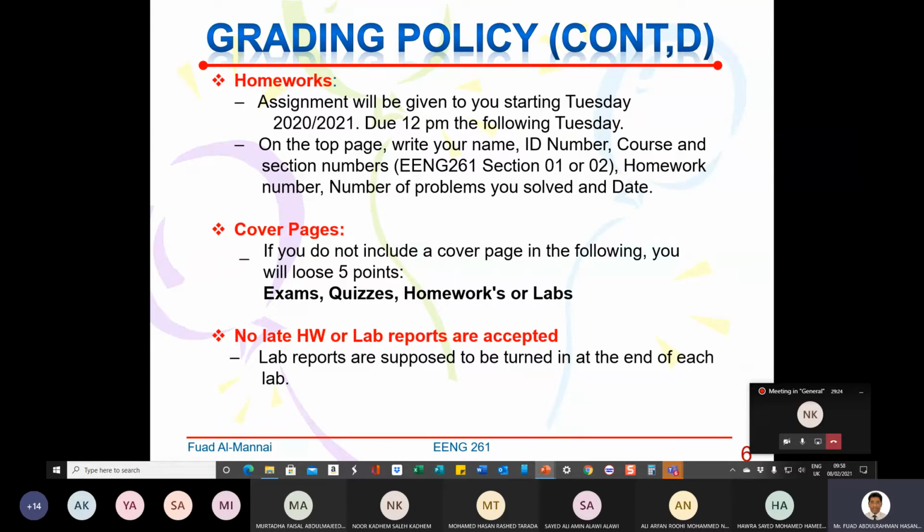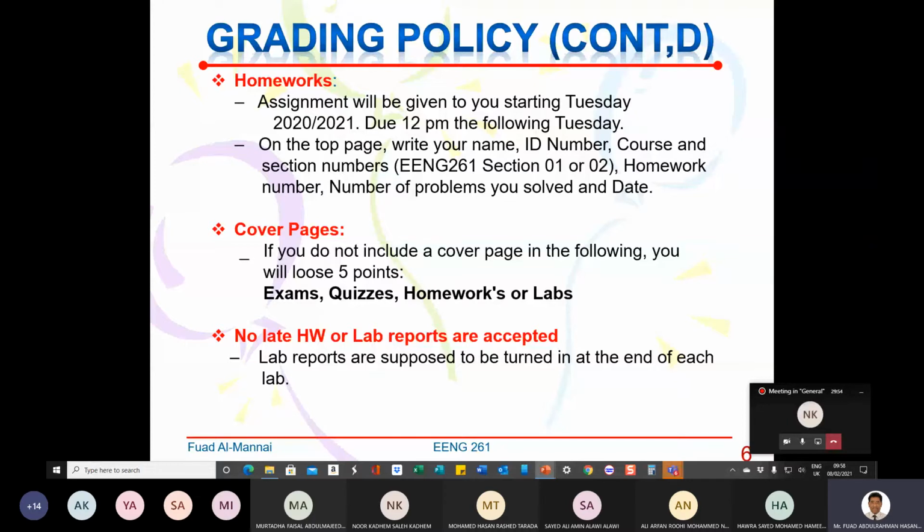So if I were you, I would go and buy one. It's better than losing marks later, and then at the end you complain, and a grade appeal will cost you 10 dinars, right? So instead of doing that, buy a printer.